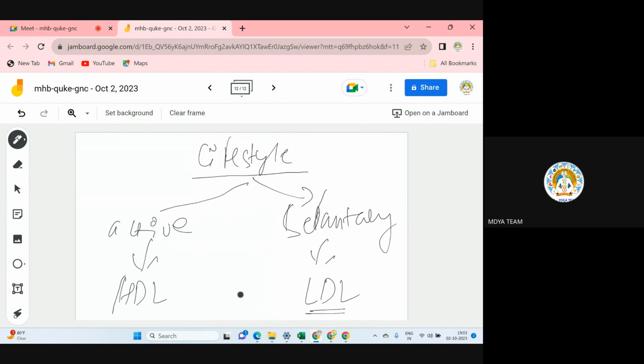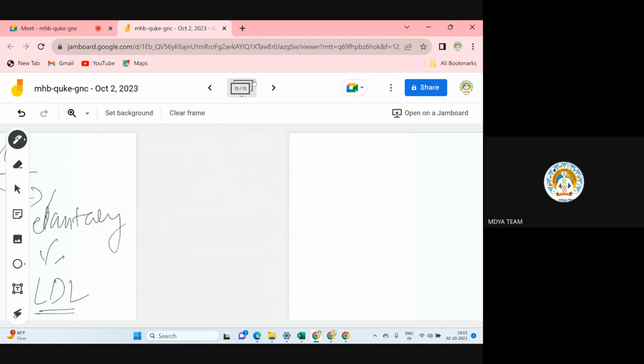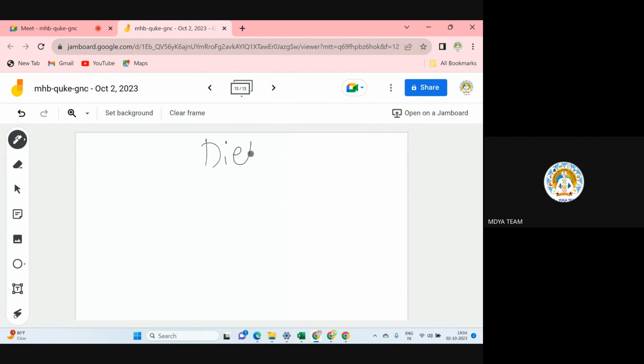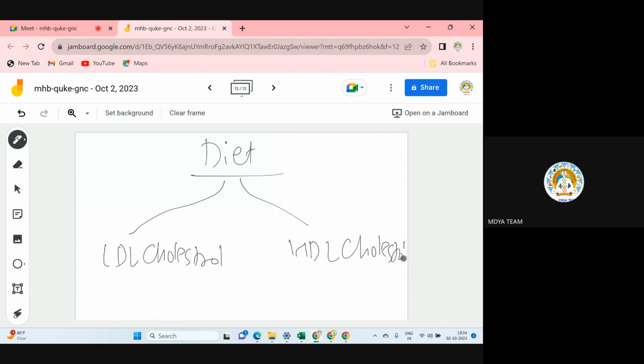And one last factor that is responsible for HDL and LDL is diet itself. In diet also, LDL cholesterol is directly present and HDL cholesterol is also present. Like if you check the label of any chips packet or any biscuit packet, it is written that it contains this much LDL cholesterol, this much HDL cholesterol.